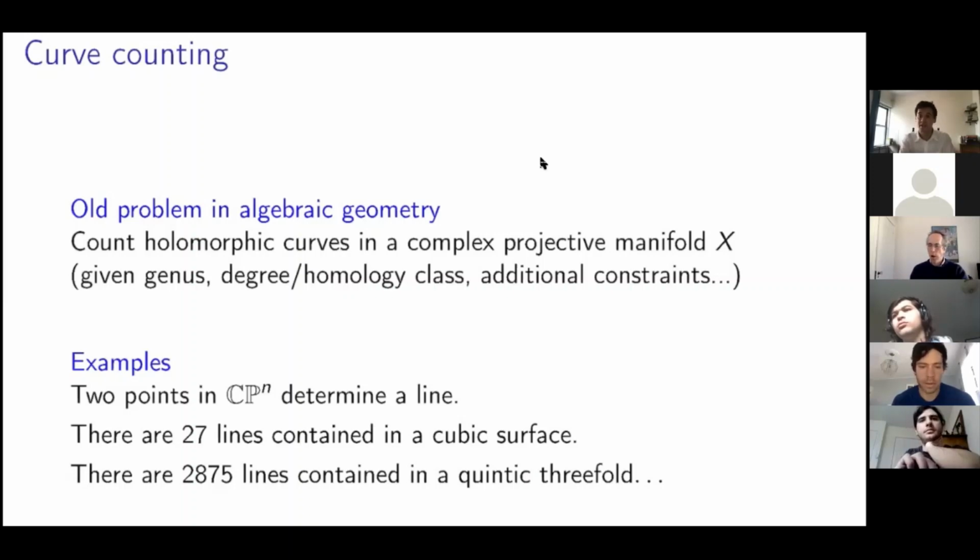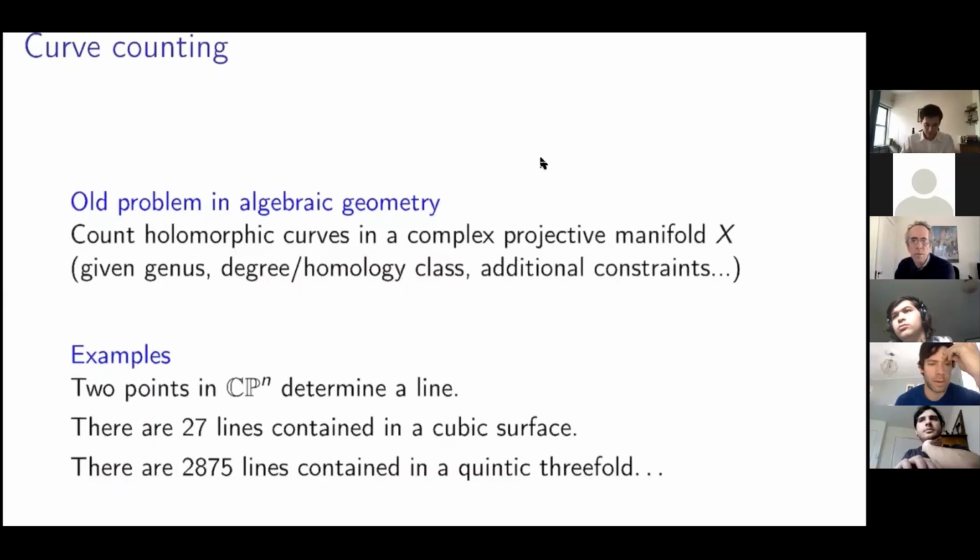This is something that was studied for a long time in the 19th century, going back to people like Schubert and the Italian school of algebraic geometry. And of course, there are many beautiful results, such as that there are 27 lines contained in a cubic surface, and so on. So this is the starting point.